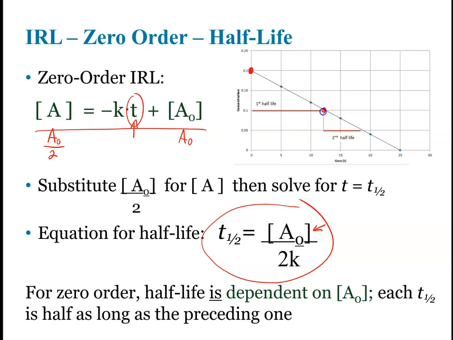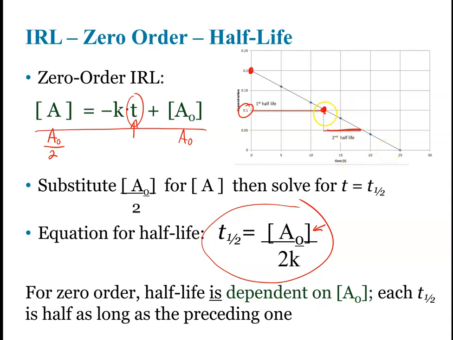For the second half-life, you'd plug in this half amount of concentration, because it would be the initial concentration for the second half-life. You'd find that the half-life for a zero-order reaction is again the initial concentration over 2 times K. This half-life for a zero-order reaction is concentration dependent, and each successive half-life is half as long as the preceding one.